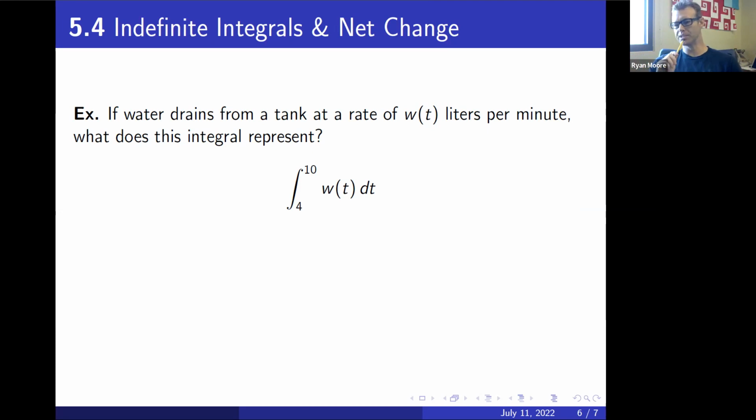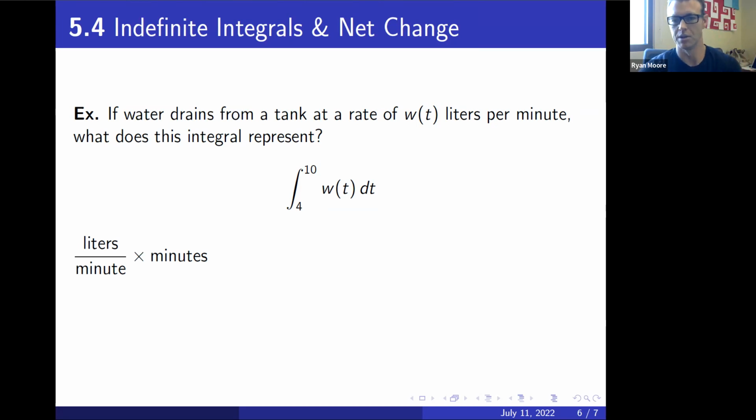Let's think about the units. What are the units for W of t? Well, they tell us in the question, the units for W of t are liters per minute. What are the units of t? Well, minutes, right?